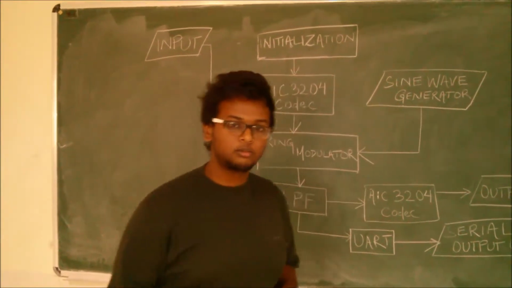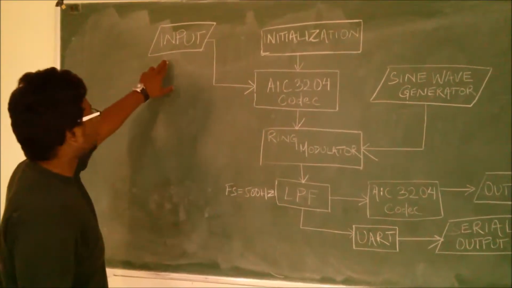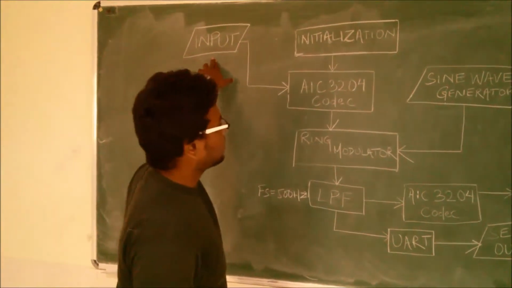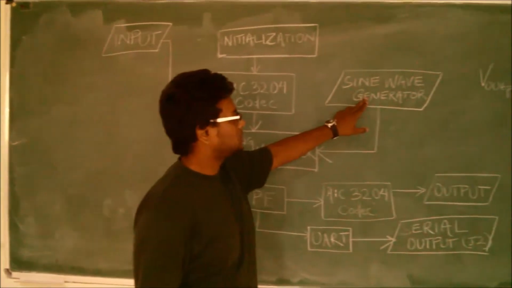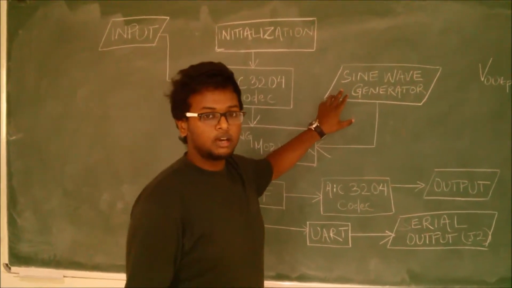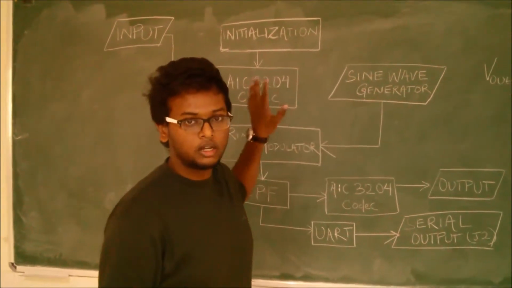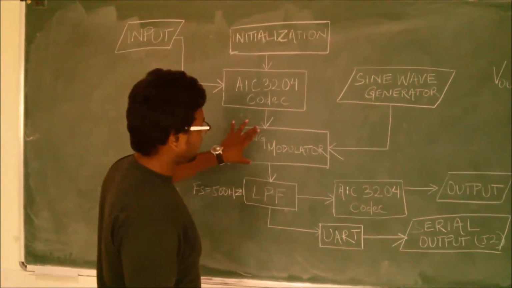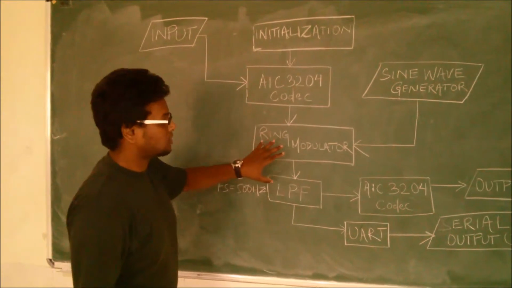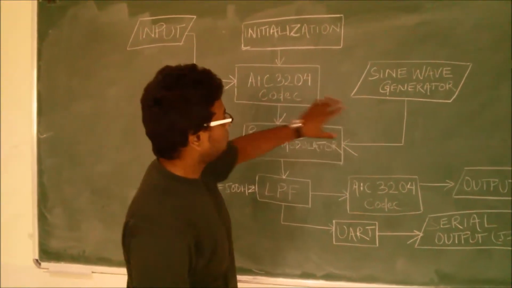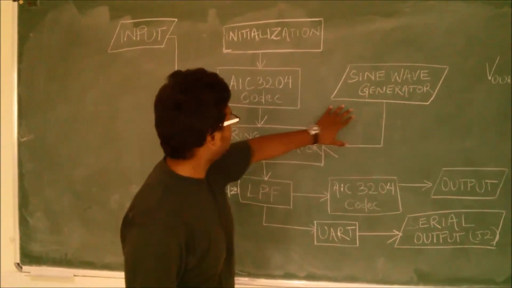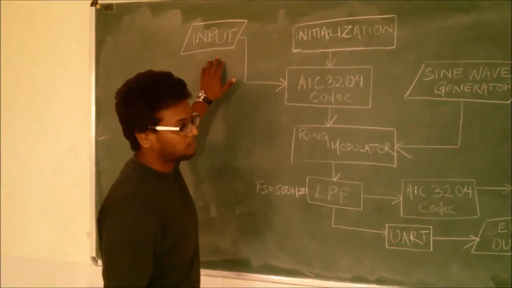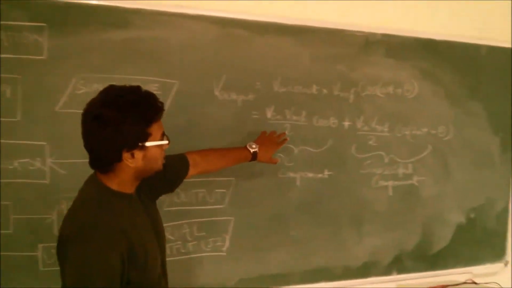After the initialization process, input is taken from a source and a sine wave is generated from the sine wave generator, each having equal frequency as that of the other. Then they are passed through the ring modulator. After passing through the ring modulator, the signal from the sine wave generator and the input signal are multiplied, and the resultant output is this.